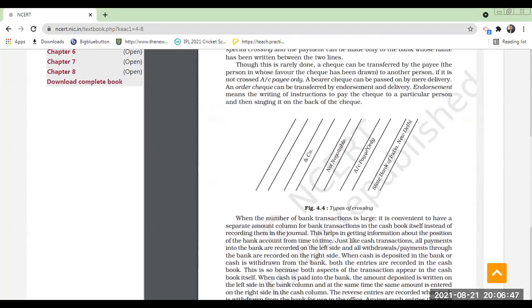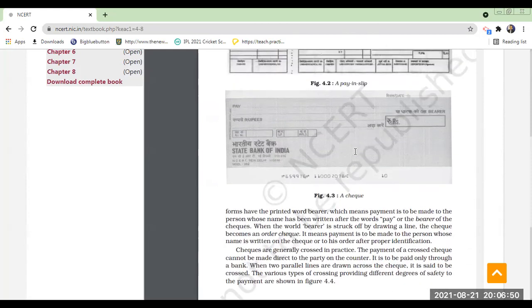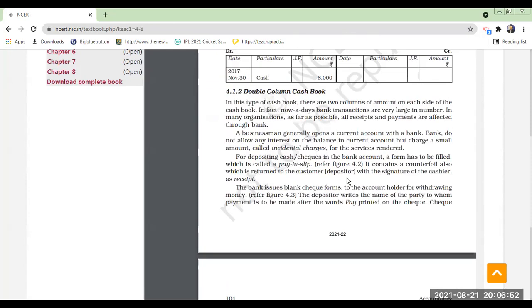In the introductory class about cash books, I mentioned how many types of cash books? Yes, how many types of cash books are there? 6, sir. What are the 6 types? Subsidiary books are not what I am asking. Please count them properly.